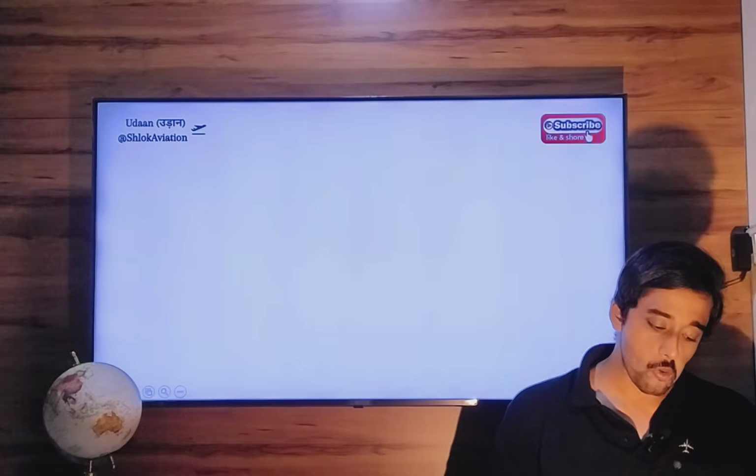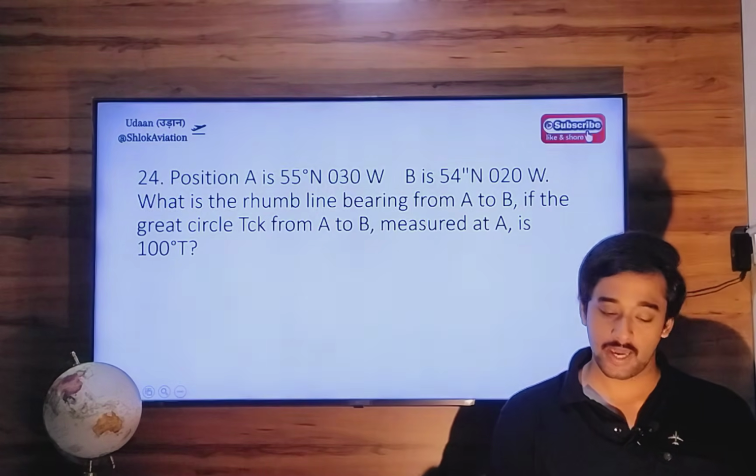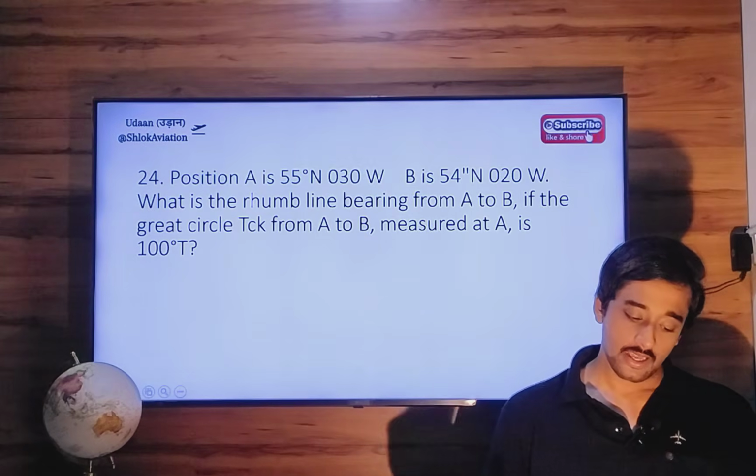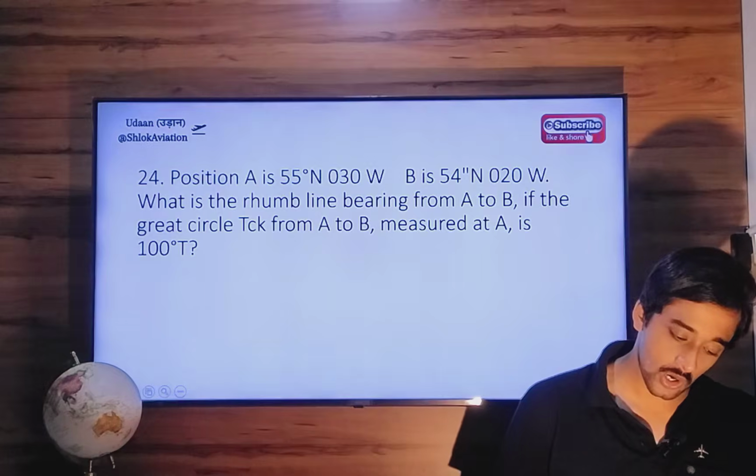24. Positions are given. What is the rhumb line bearing from A to B if the great circle A to B is 100? So draw this.